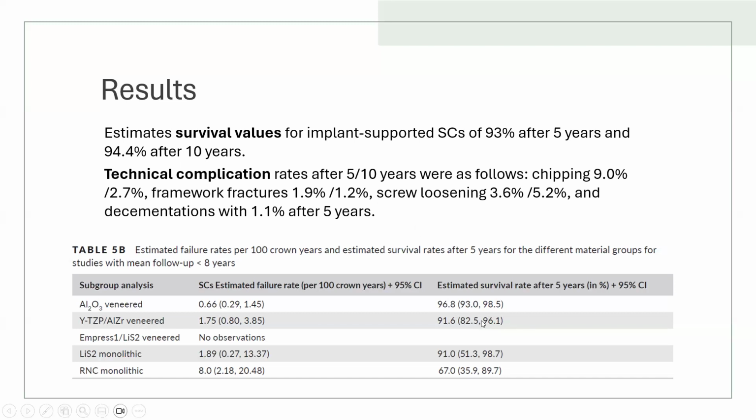As we can see here, the survival rates of all ceramics ranged from 91% to 96% for alumina oxide, yttrium-stabilized zirconia-based, alumina zirconia, and lithium disilicate. And for the hybrid ceramics, or resin network ceramics, the survival of the restoration is 67%. So it's significantly lower than the other ceramic restorations.